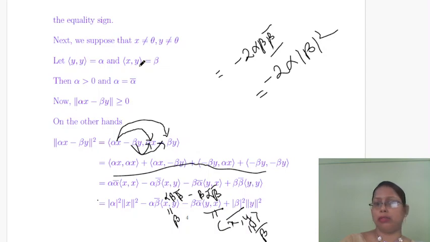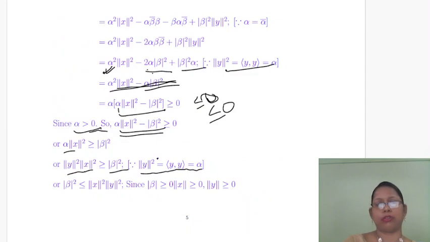Beta is the inner product of x y. The inner product of x y is greater than or equal to 0 for all x y, and it is equal to 0 if and only if x and y both are null vectors. Since it is so, the modulus of beta is greater than or equal to 0, and the norm of a vector is greater than or equal to 0. So we will get this one.